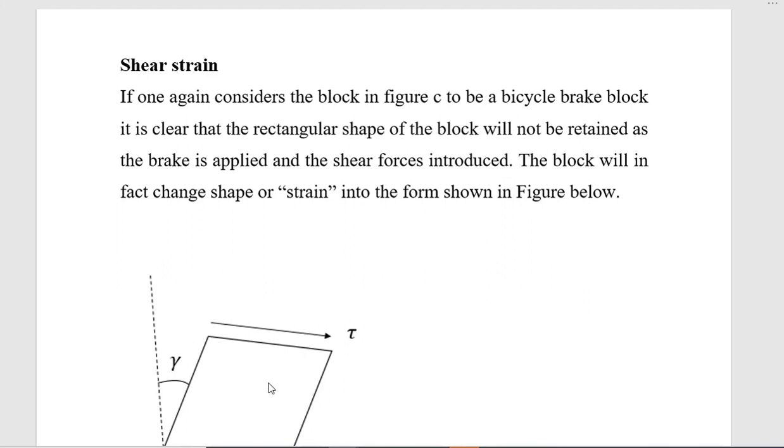If this was a bicycle brake block, it is clear that the rectangular shape of the block will not be retained as the brake is applied and shear forces introduced. The block will in fact change shape, or it will undergo strain into the form shown in the figure below.